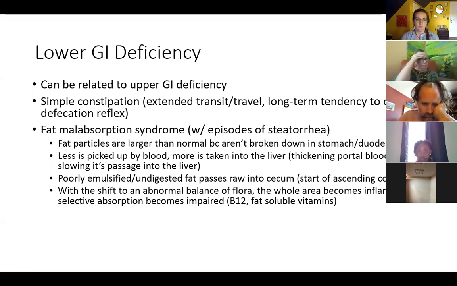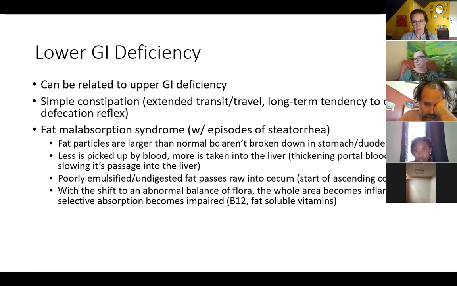These poorly emulsified and undigested fats pass raw into the cecum, which is the start of the ascending colon. Nutrients go out of the stomach into the small intestine, and if they still make it into the colon as too big of particles, then things are too undigested too late in the game.